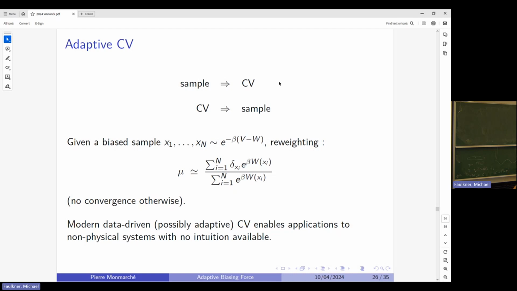So the parameters are Q1 to QK, mu1 to mu K, sigma 1 to sigma K, and beta.